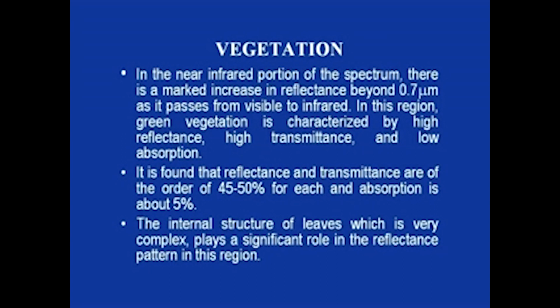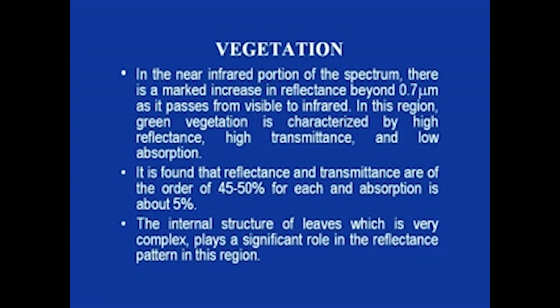In this region, the green vegetation is characterized by high reflectance, high transmittance and low absorption. It has been found that reflectance and transmittance are of the order of 45 to 50% each, and absorption is about 5%.